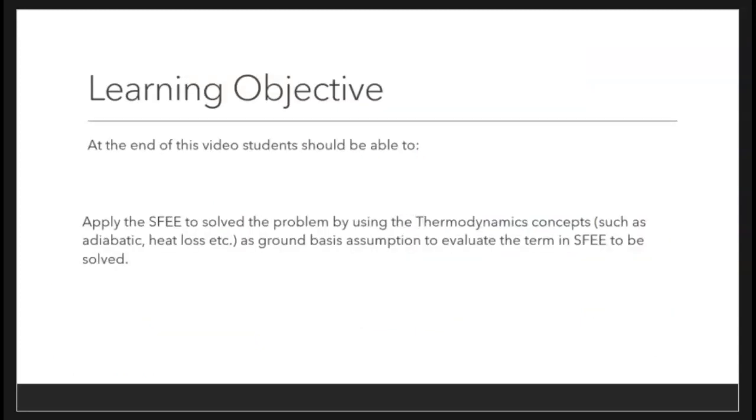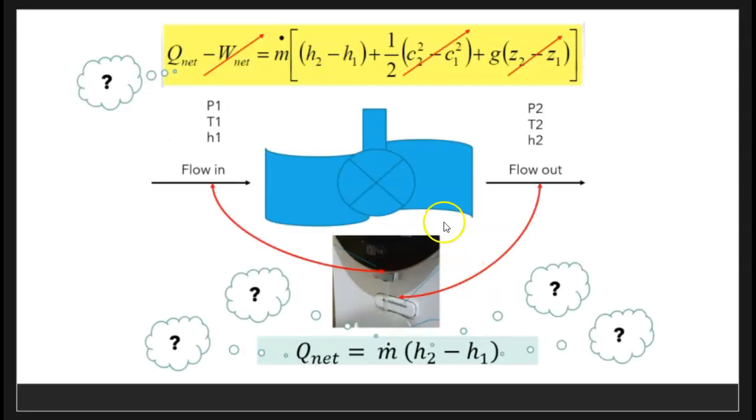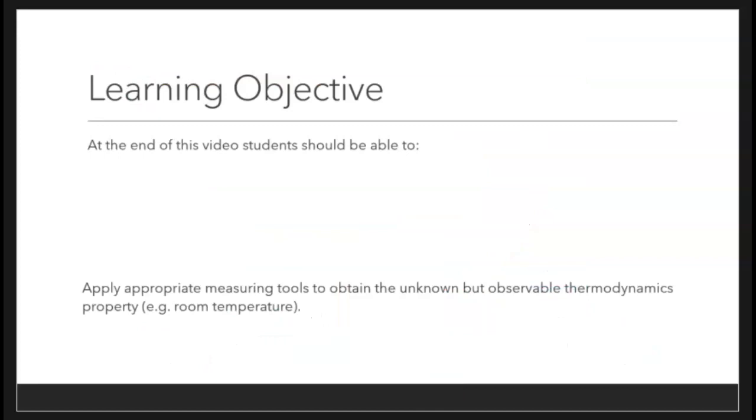And next, we have to be able to apply the SFEE, or steady flow energy equation, to solve the problem, where we make use of this knowledge and simplify it into this term.